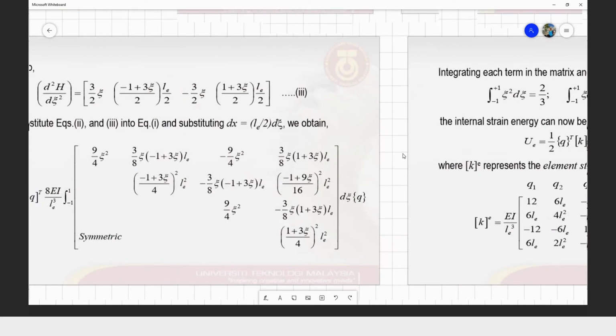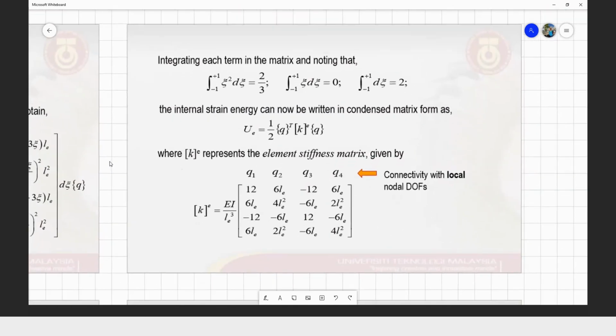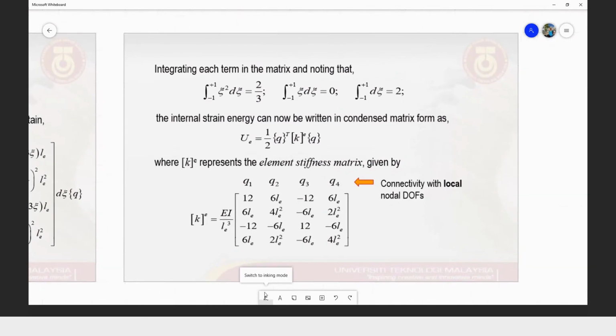So when we solve this part here, then you will get finally untuk beam structures, the local element stiffness matrix, which is given by this equation saja.